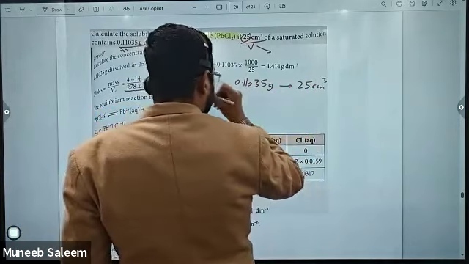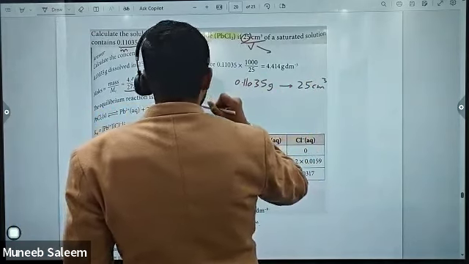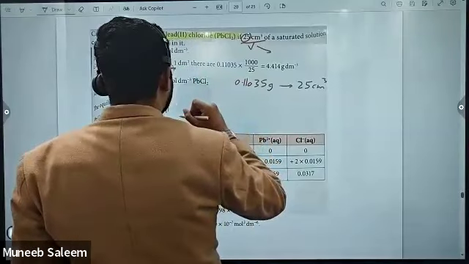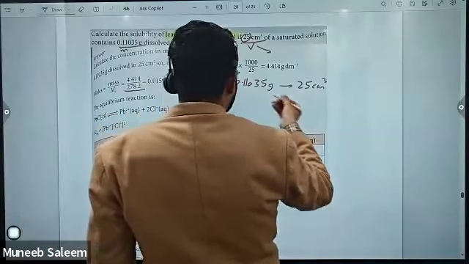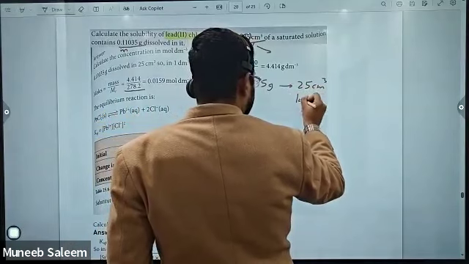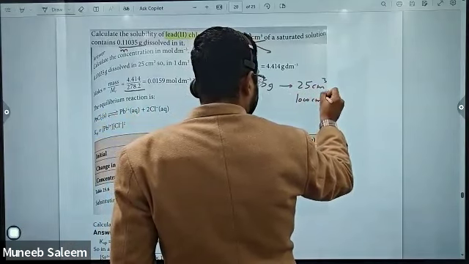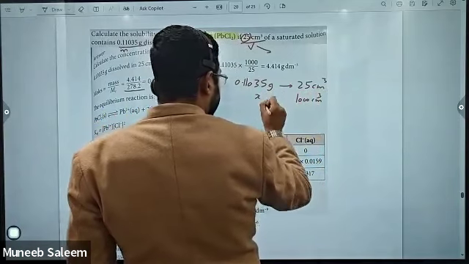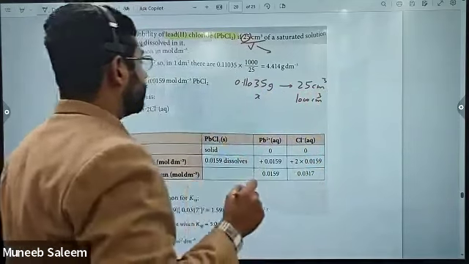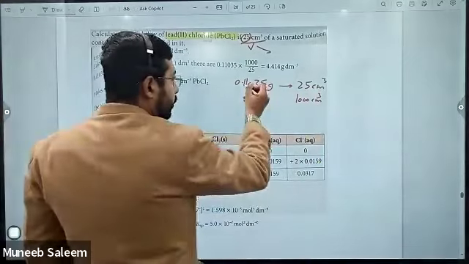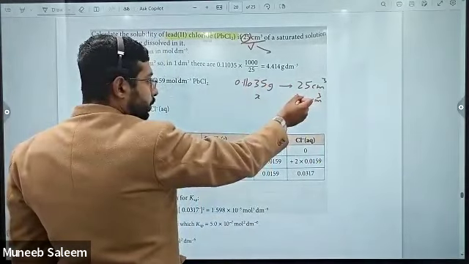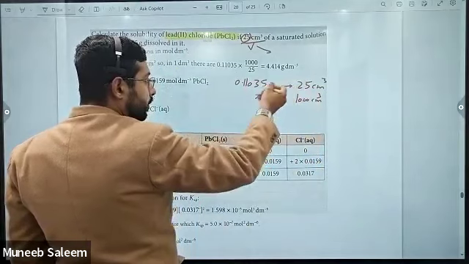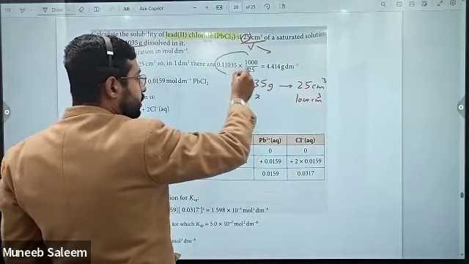Then how much mass will be dissolved in 1 dm cube, which means in 1000 cm cube? This will become x. So it means 0.11 times 1000 will be equal to 25x. So you get this type of relation.